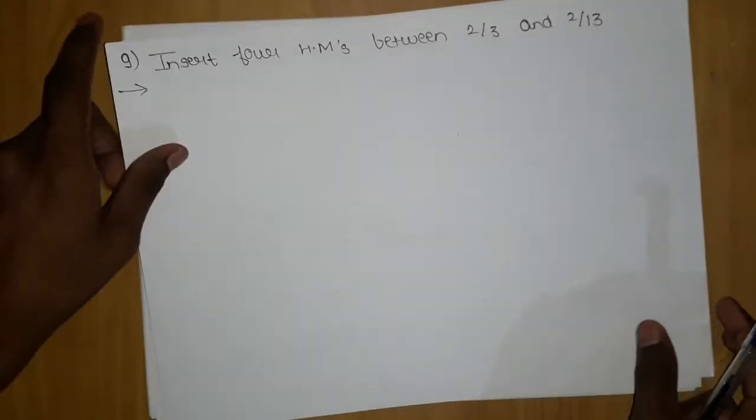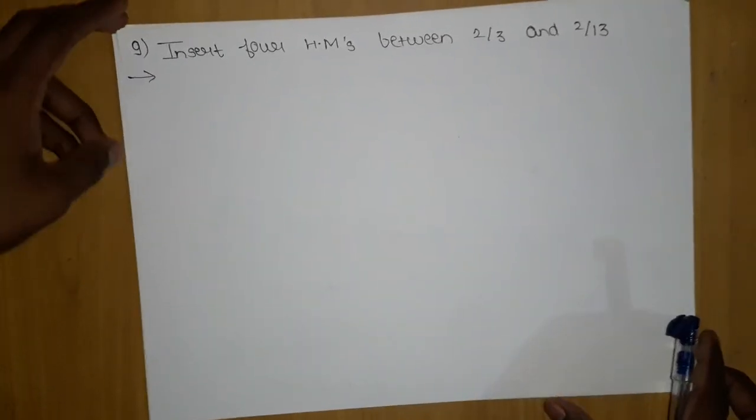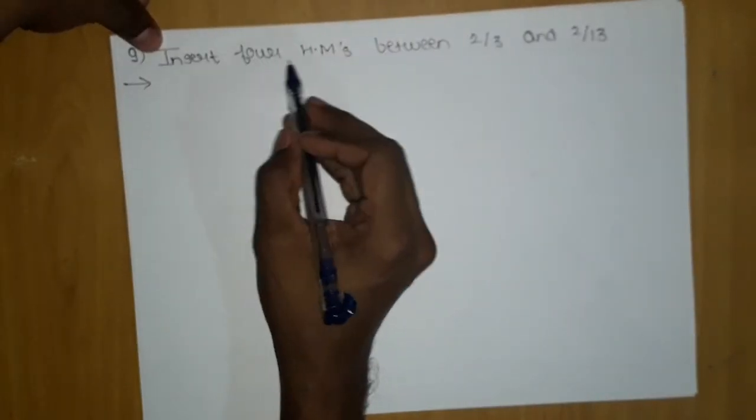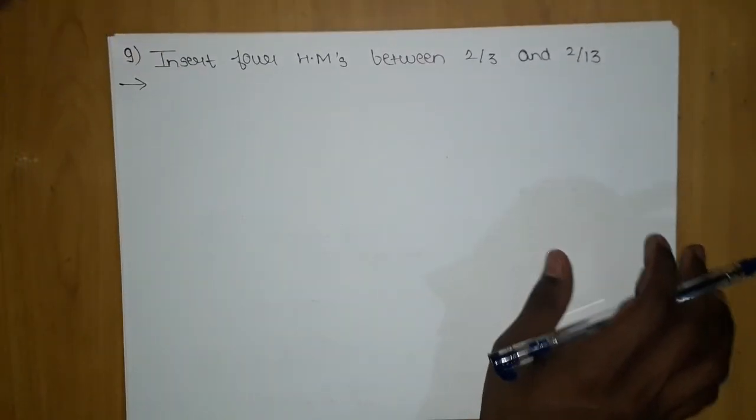Okay, now let's move on to the next question, which is on the basis of insertions, which I have just taught you. Now here you can see they have given us: insert 4 HMs between 2 by 3 and 3 by 13.